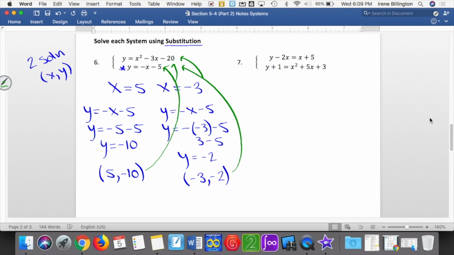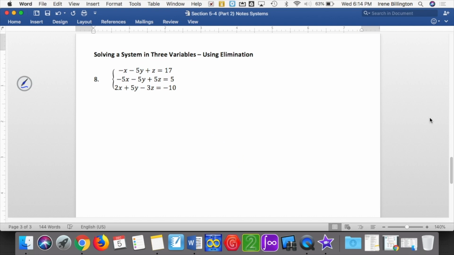Now, all the systems that we have looked at thus far have had two variables. We've had an x variable and a y variable that we have solved for. The last part of this section is to solve a system of equations that is in 3 variables.